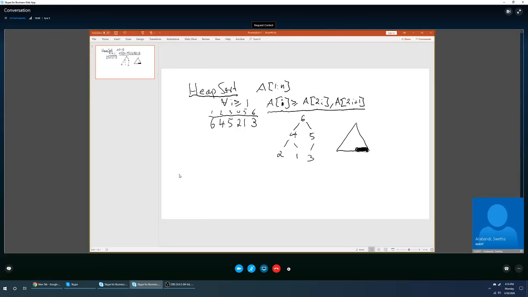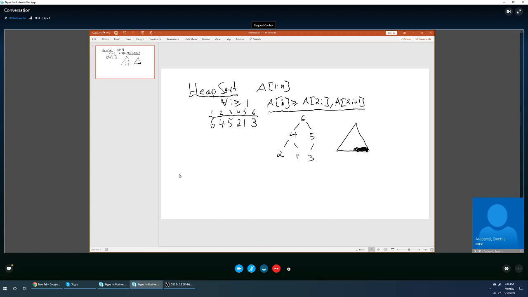Okay, so the root of that heap tree, as well as the first element of the array that represents a heap, is always going to be the largest element of the elements that are represented there.